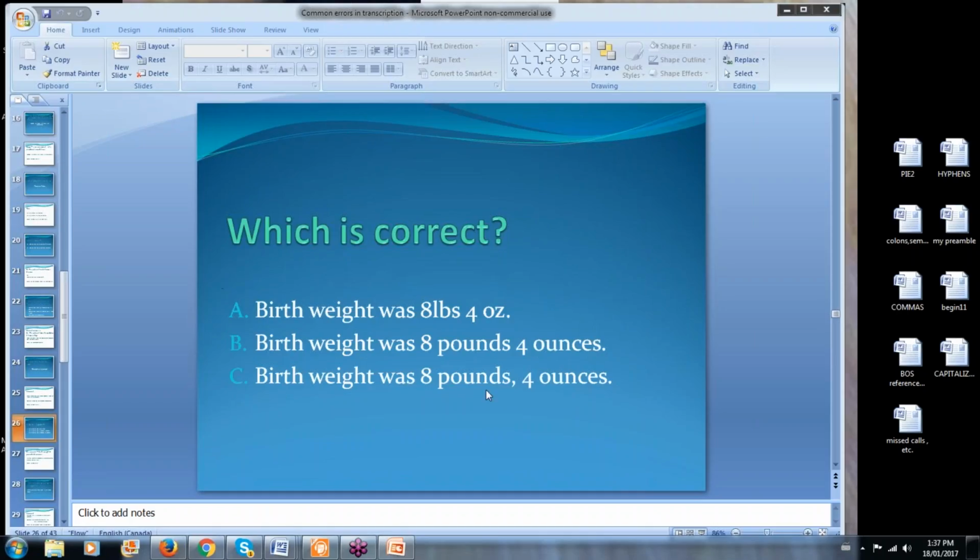Or maybe it could be more than one. So I'm saying B, B, B, B. Oh, somebody said C. And C, okay. A and B. All right.